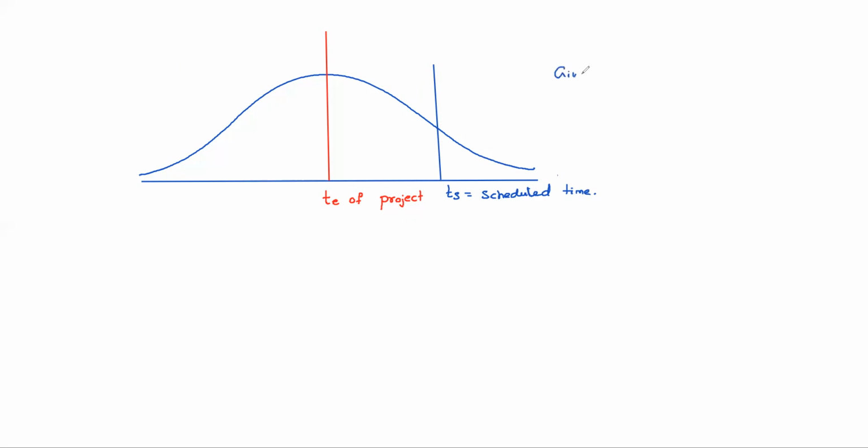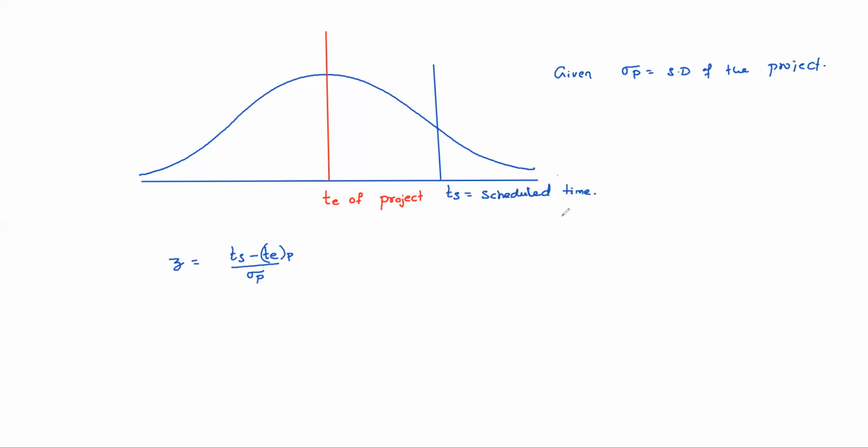And given sigma of project, the standard deviation of the project, if you know this, you can find the Z value. Z equals TS minus TE of the project divided by the standard deviation of the project. Z you need to find, and based on the Z, you can calculate the probability.